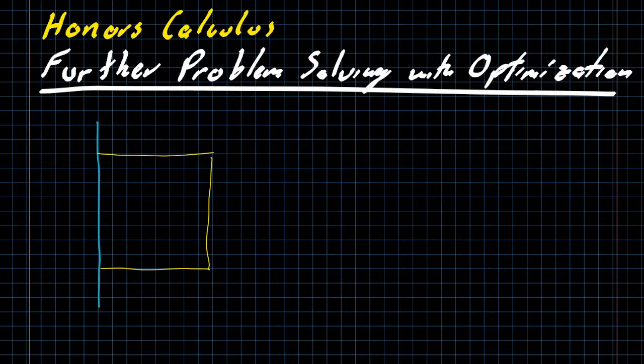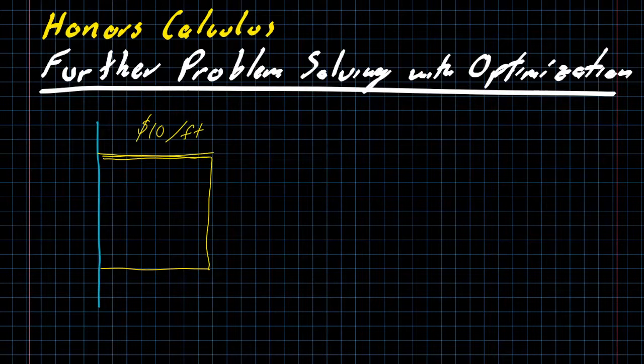But there's some issues. It turns out that the particular piece of land that we are building on, the northern part of the wall is relatively simple to work with. It's going to cost us $10 per foot to build the northern wall of the pen.